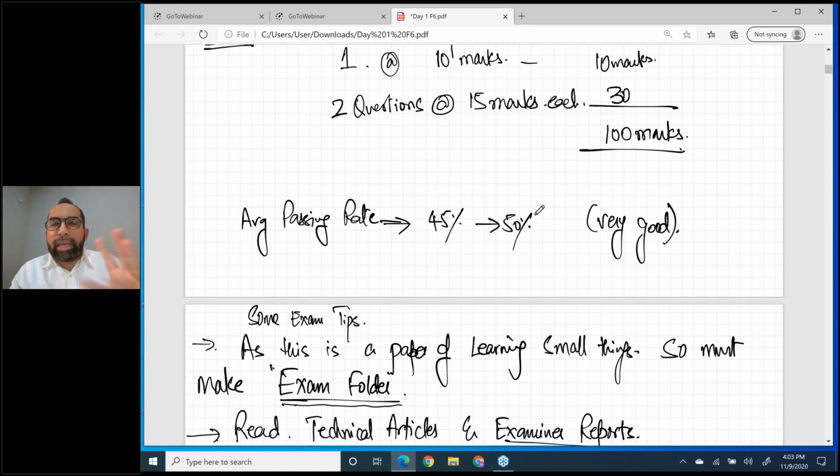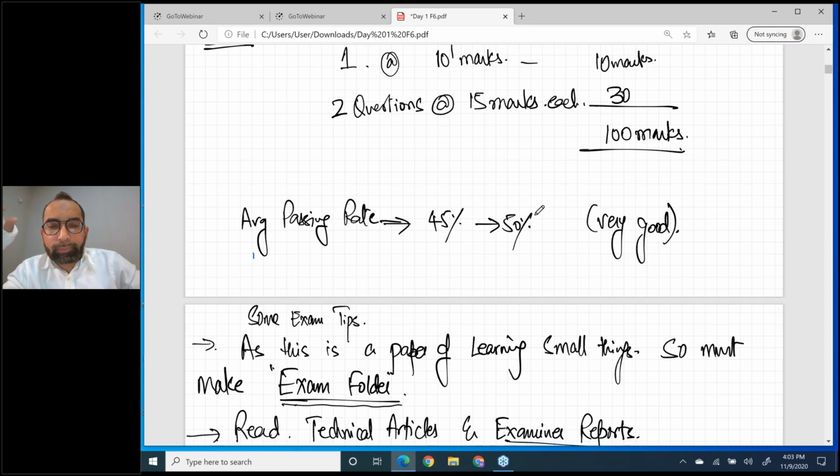So an average passing rate between 45 to 50% is very good. That's why students normally opt for this paper on the first instance, so that they can clear it easily, because this paper is majority practical. I would say it's 80 or 85% practical with 15 to 20% theory.